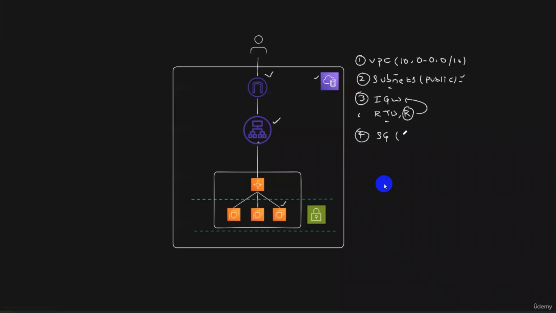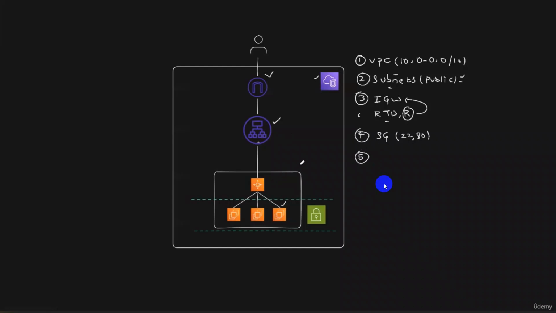That's why we will open port 22 and 80 on these instances. So to open or allow inbound traffic, we need to attach security group to the subnet. We will do that.